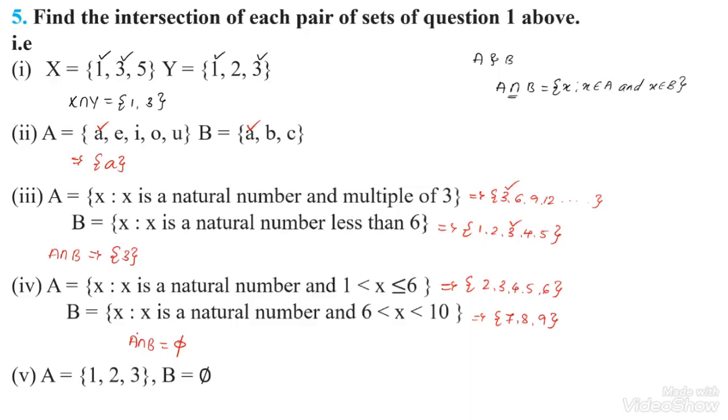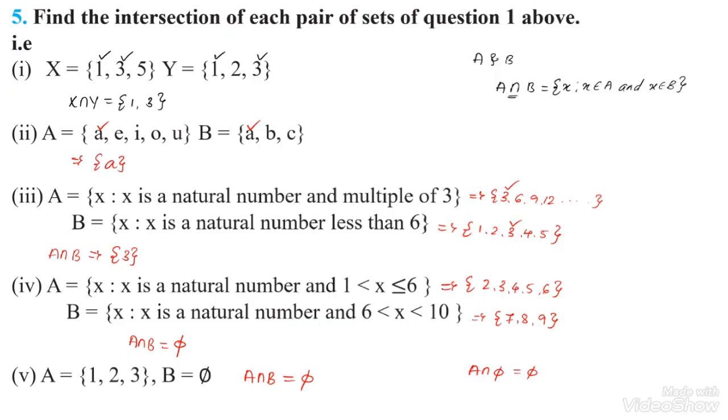Question number 5. If A is a set containing the elements 1, 2, 3 and B is a null set, according to the identity property, A intersection null set should be a null set. Okay. If there is no element, it means nothing here. If B is a null set, then their intersection A intersection B is a null set.